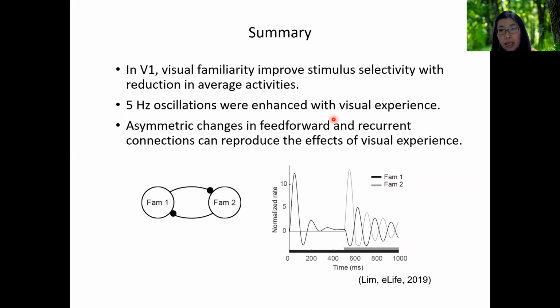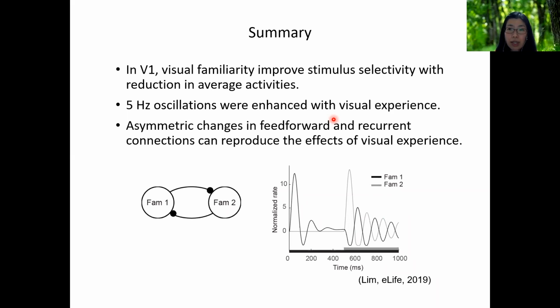In line with this, Olsen's group observed that the low-frequency oscillation gets stronger when another stimulus was presented together. Compared to presenting only one stimulus, if you present multiple stimuli, then the oscillation becomes stronger, especially in this low-frequency range.